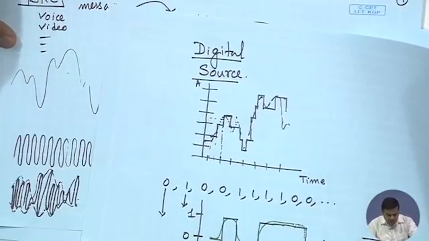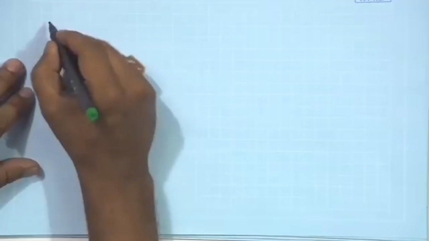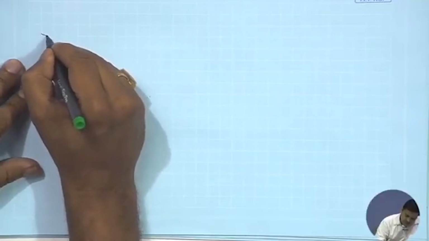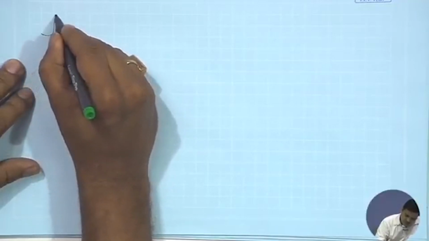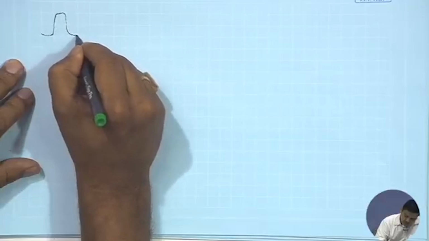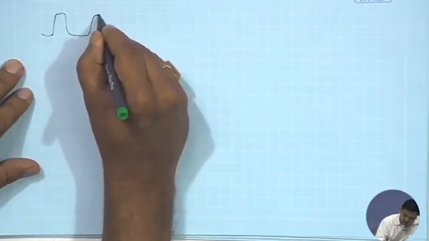Since we are transiting from analog to digital, let us imagine that my source waveform was like this. No harm in imagining this.